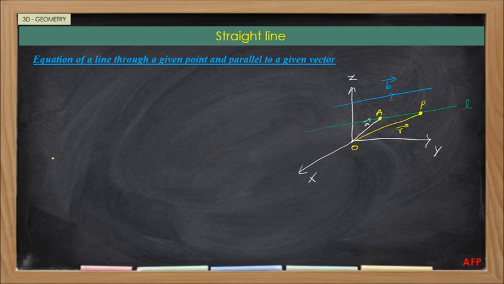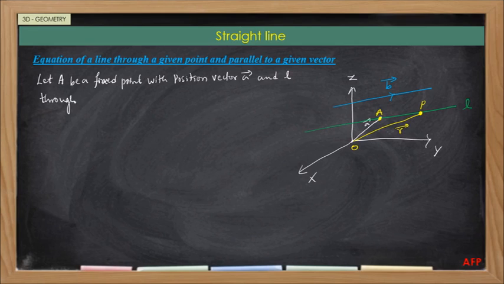Now let us write the derivation, a few statements. Let A be a fixed point with position vector a, and line L passes through the point A and is parallel to a given vector b.